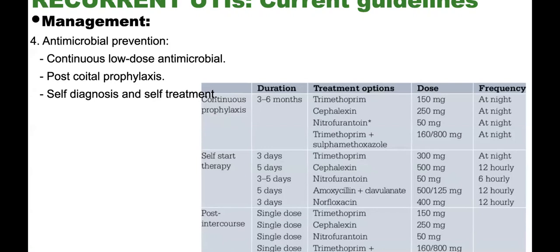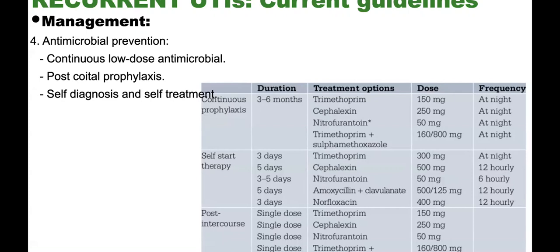Post-coital prophylaxis, like we have previously said, that sexual activity is one of the risk factors for recurrent UTIs. So those patients that have been found to have UTIs post sexual activity can be treated with post-coital prophylaxis, especially patients that have a history of UTIs and they are currently pregnant.